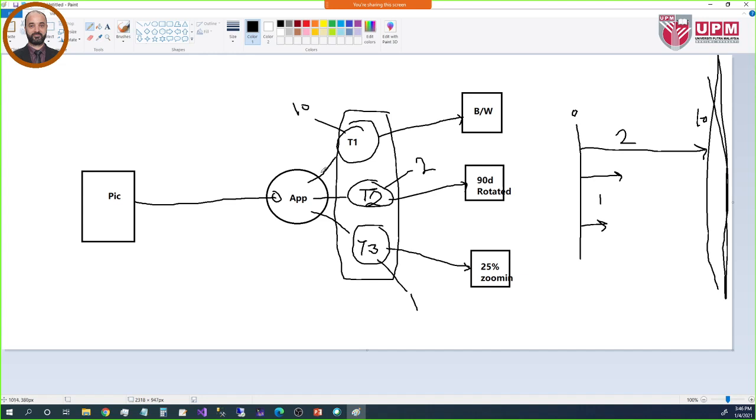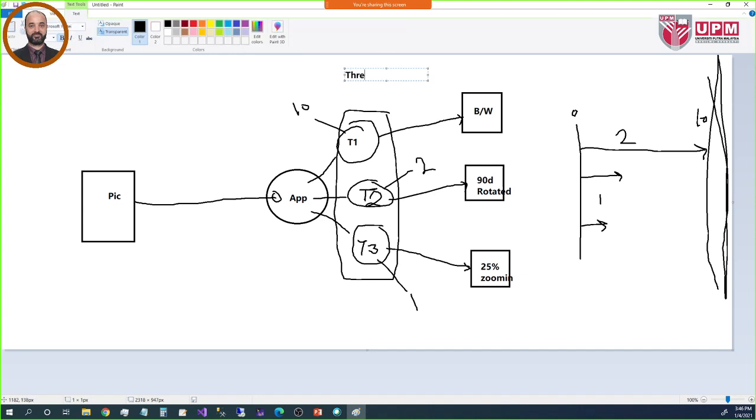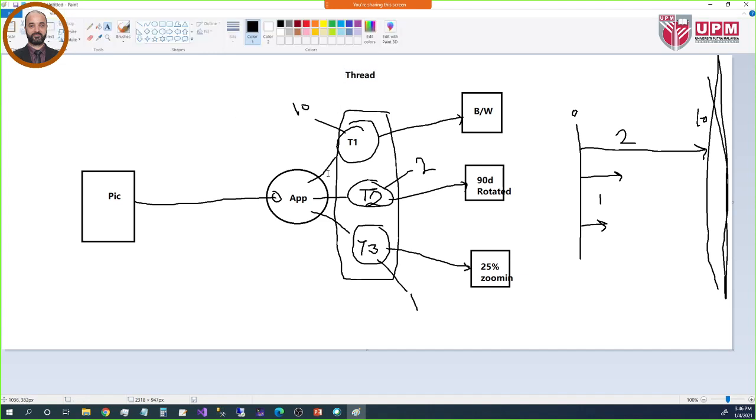Then each task is supposed to run in a certain, independent thread. So this one should be on a thread, this one on another thread, this one on a different thread. And also the main application is supposed to be in a different thread. That's why, if this is the case, the application could run in parallel mode.